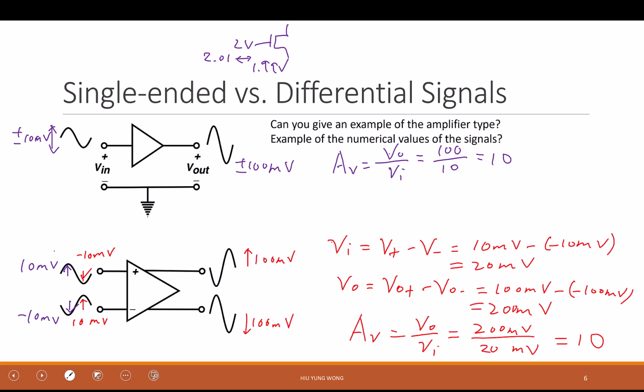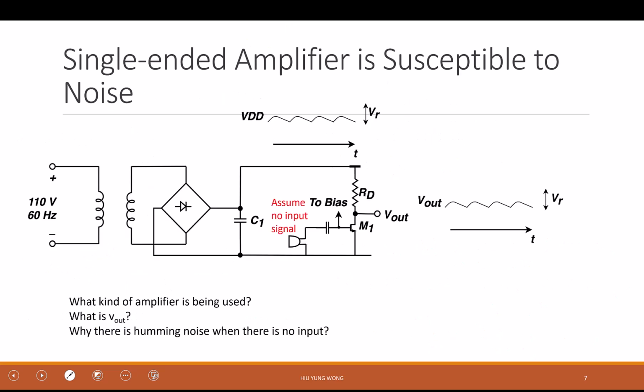Okay, so have this in your mindset. What is the meaning of differential signal? Why do we want to do that? The main reason is because we want to reduce the noise. For example, in this circuit, this one is the AC power coming from the wall, 100 volt at 60 hertz. And we have the transformer, then we have the rectifier, full bridge, diode rectifier.